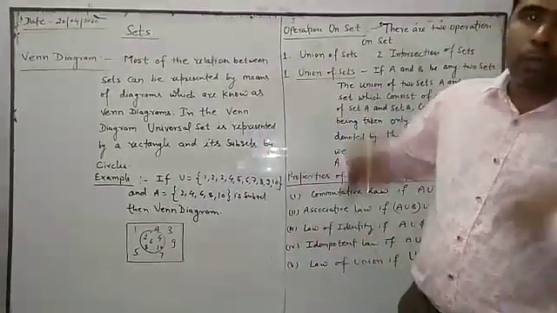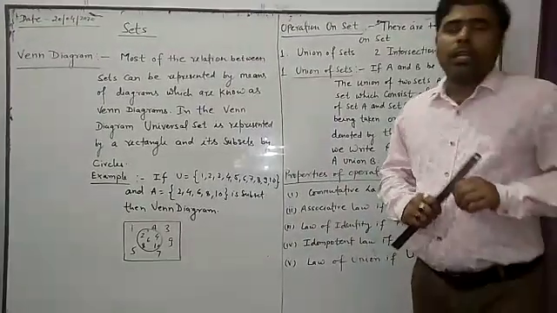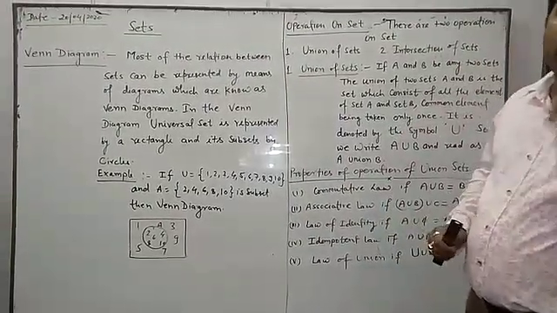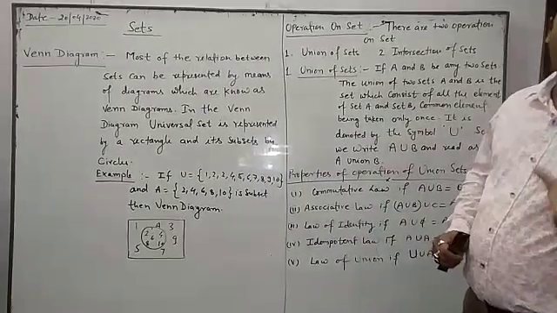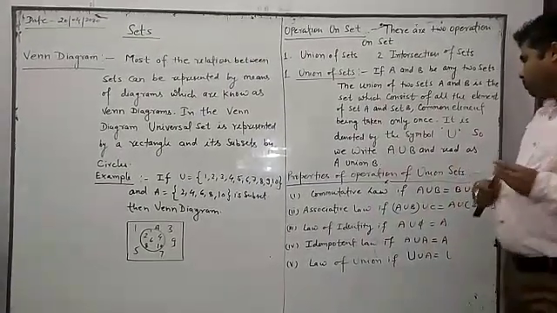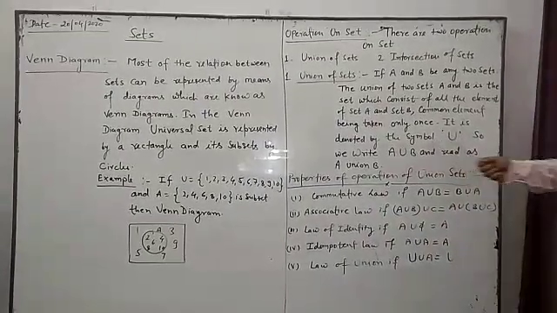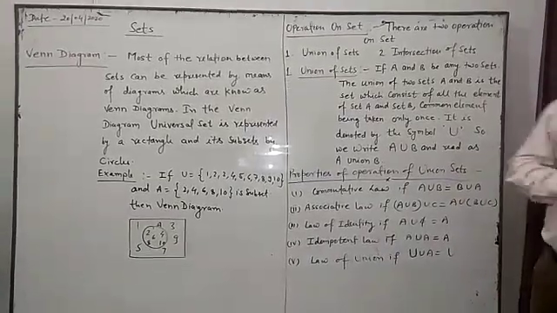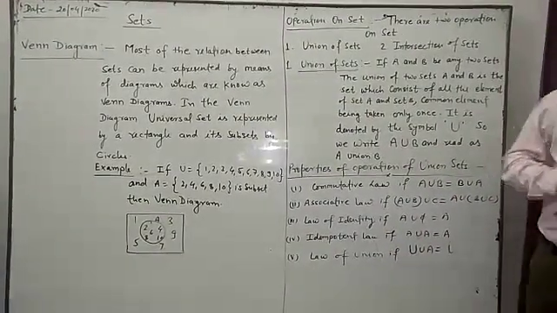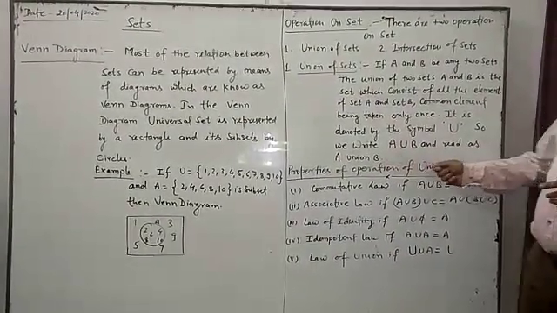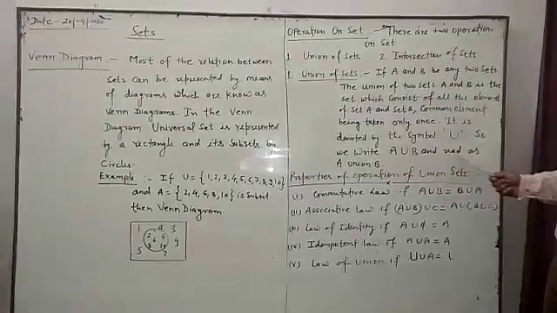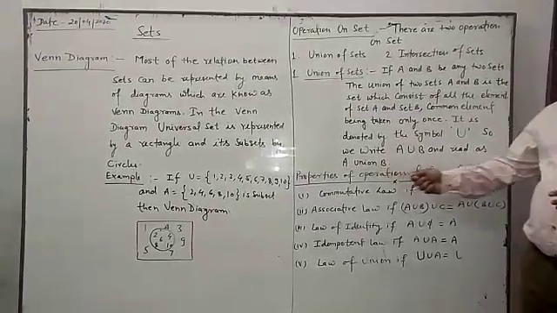So when we write A union B, we write any element common to both only once. It is denoted by the symbol capital U. So we write A union B and read it as A union B.